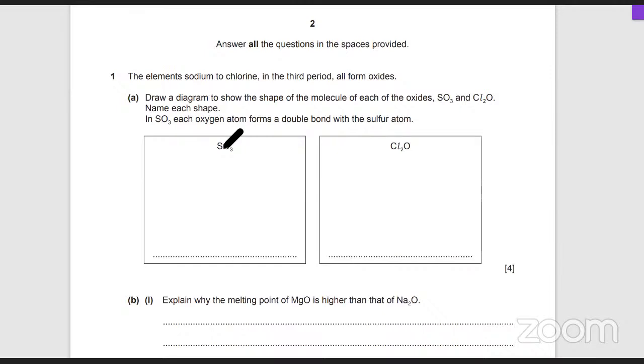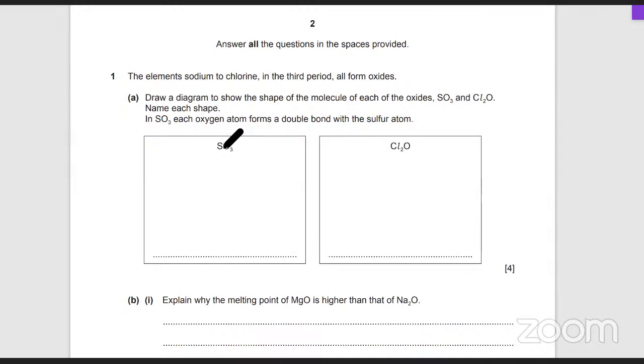क्यों octahedral? कितने bonds हैं, how many bonds do you have in SO3? उसने कहा है it's forming double bonds, right?